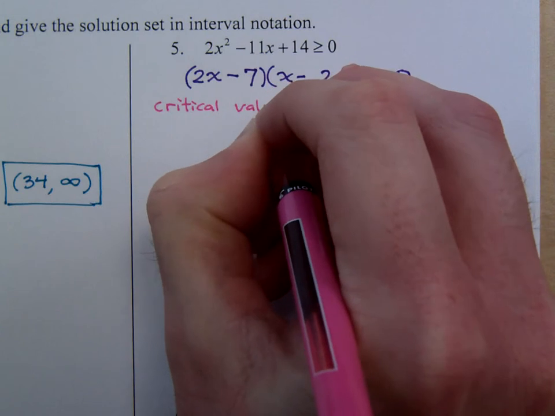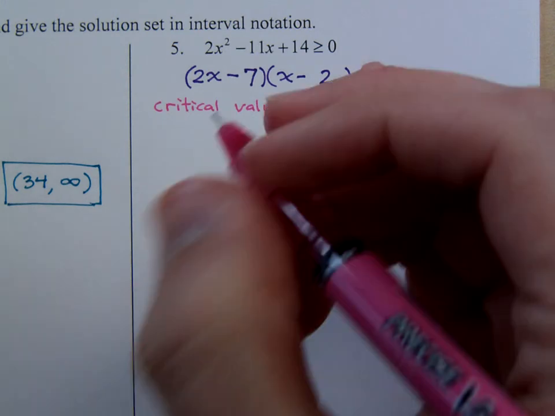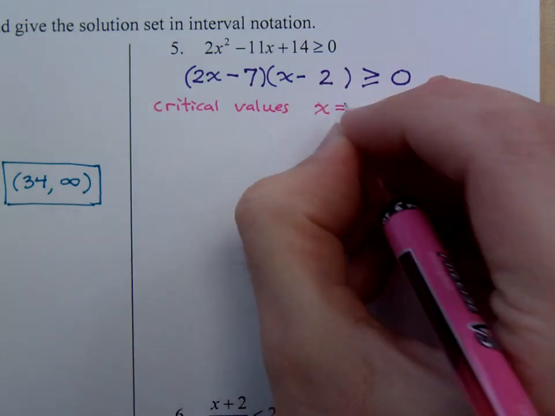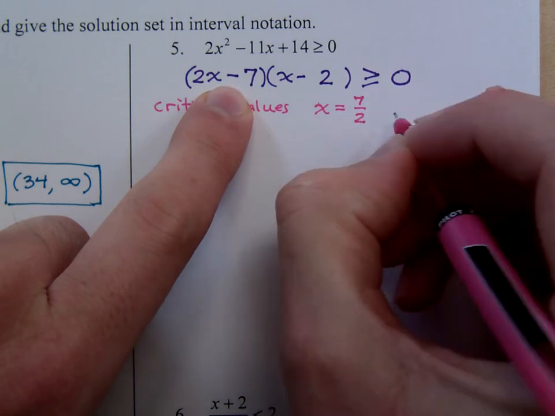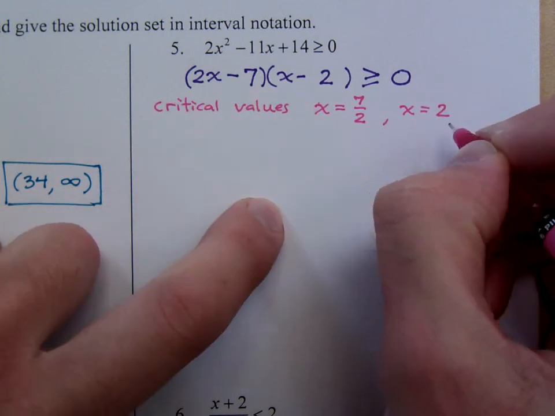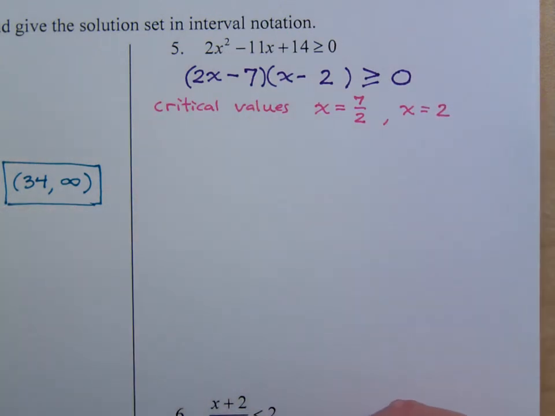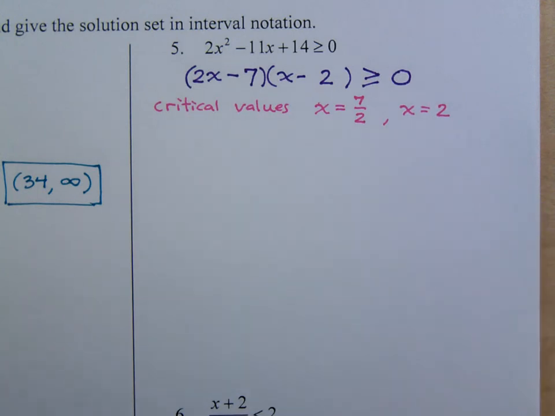These factors can identify to us our gatekeepers, these critical values where you have the potential to go from a positive to a negative or vice versa. So what makes this guy equal to 0? x equals 7 halves. And the other guy here is x equals positive 2. These are the critical values that will separate my number line into distinct sections, and then I would check to see which ones are true, false, positive, negative, and all that jazz.